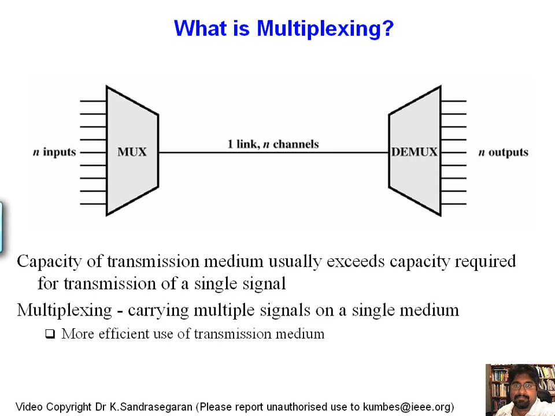When this multiplexed signal arrives at the receiver, a demultiplexer demultiplexes it into the n outputs which were transmitted together. As I said earlier, there are different types of multiplexing schemes. The main reason we use multiplexing is that it is far more cost effective to transmit all these n signals on one transmission link rather than on n different links.